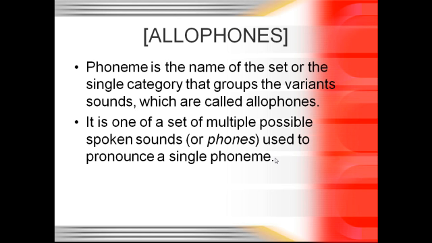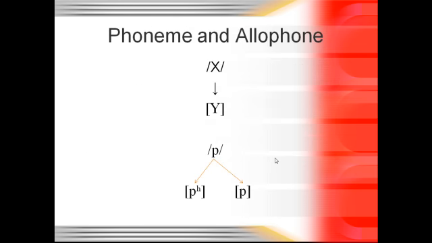The slant brackets are the phonemes, and the square brackets are the allophones. And this is like the skeleton of that. Every time that you see this, the X is the phoneme, in slant brackets or slashes, and the Y is the allophone, in square brackets.